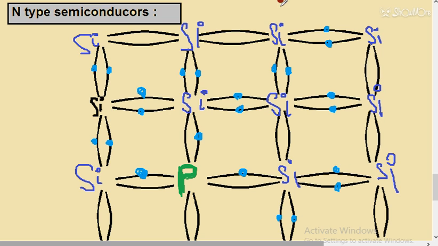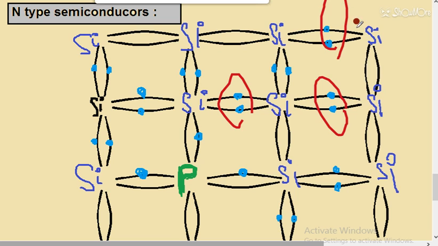Okay, now see, it will make a covalent bond, it will again make a covalent bond, and this will also make a covalent bond. So every silicon atom will make covalent bonds the same way as in the intrinsic semiconductor.